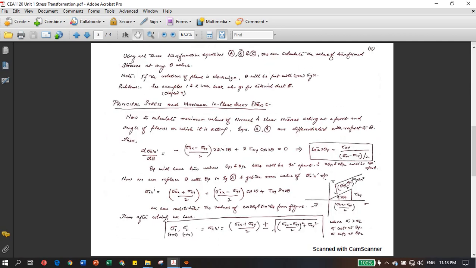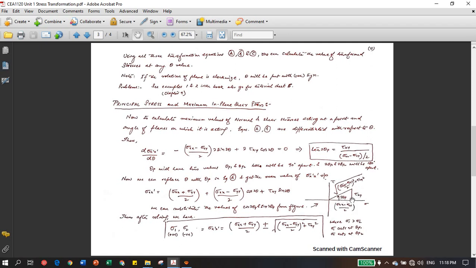Because we have calculated theta, we can then calculate the normal stress. If you don't want to use the identity, just for the sake of easiness, what I've done over here is calculate sin 2 theta p and cos 2 theta p.